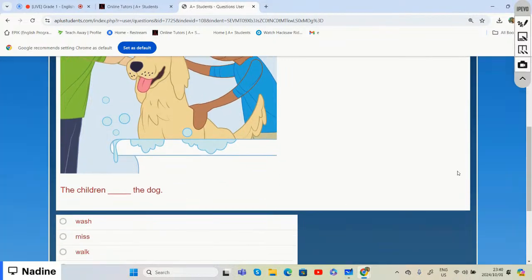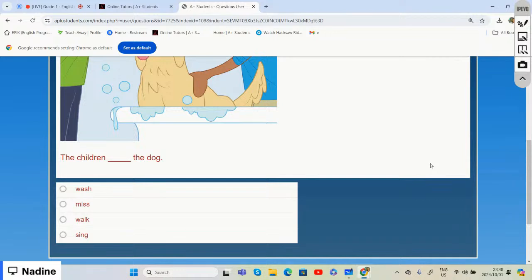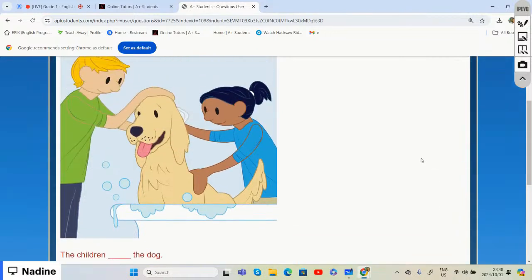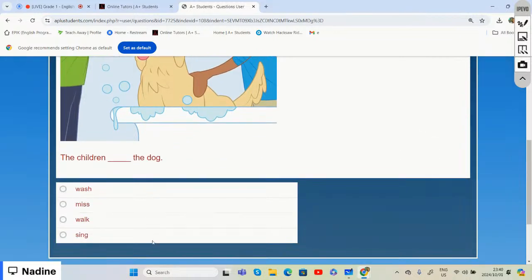And if we look at the words, it says the children. What do you think the children are doing? The children, they wash the dog, option one. They miss the dog, option two. They walk the dog, option three. Or they sing the dog, option four.